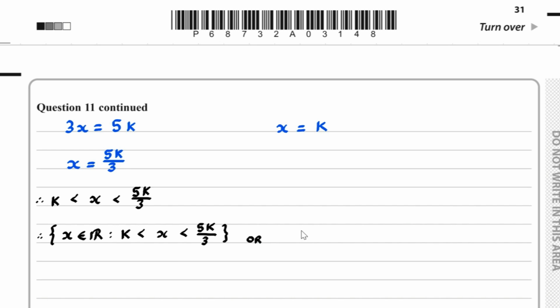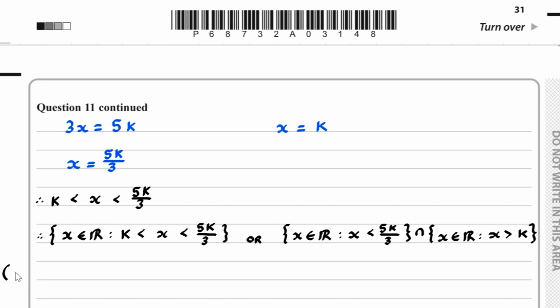Alternatively, we could write this as x belonging to the set of real numbers, x is less than 5k over 3, or x belongs to the set of real numbers, x is greater than k.